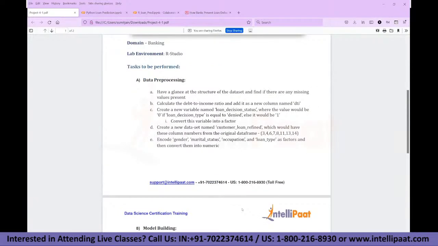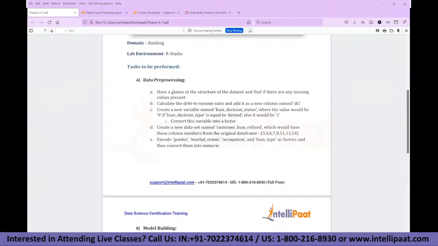So let's look at what steps are in general followed. Have a glance at the structure of the data set, find if there are any missing values, then calculate the debt to income ratio as a new column named DTI, right?